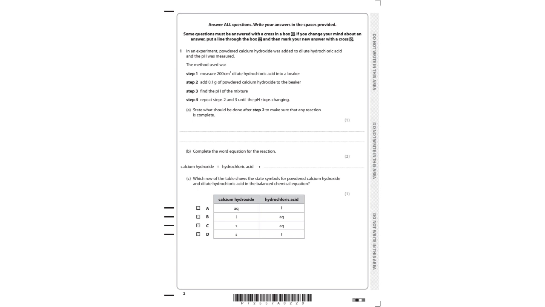Well, step 1 was measure out the dilute hydrochloric acid into a beaker, and step 2 was add 0.1 g of powdered calcium hydroxide to the beaker, and then find the pH of the mixture. Well, to make sure that the calcium hydroxide has reacted, you need to stir it or mix it. It did allow heat it, or warm it, but clearly when you're adding a powder to a liquid, you need to stir it to make sure it reacts.